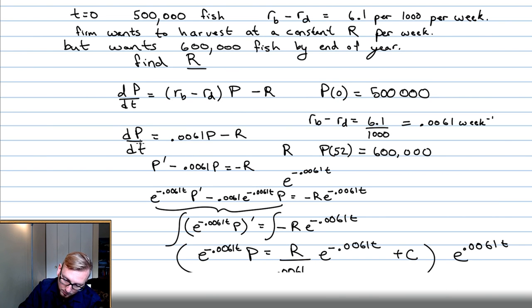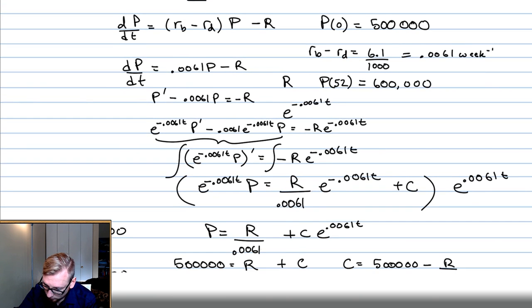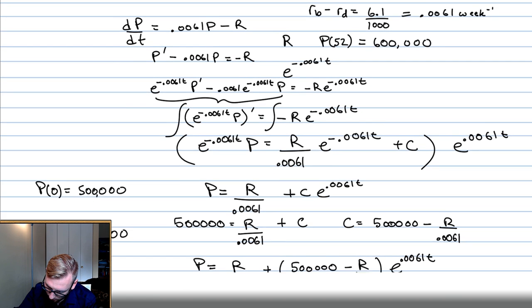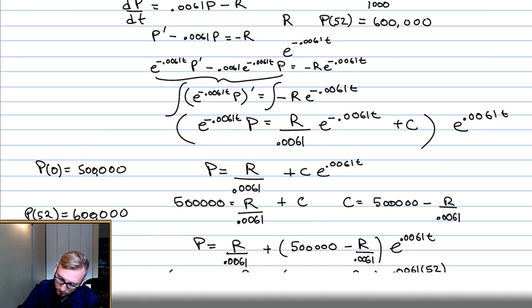We've got dp/dt equals 0.0061 p minus r. We solve our differential equation and find our initial constant, which ends up being 500,000 minus the rate divided by 0.0061.